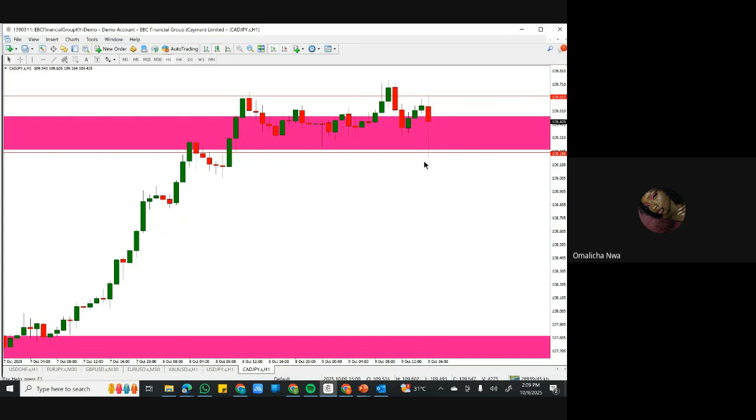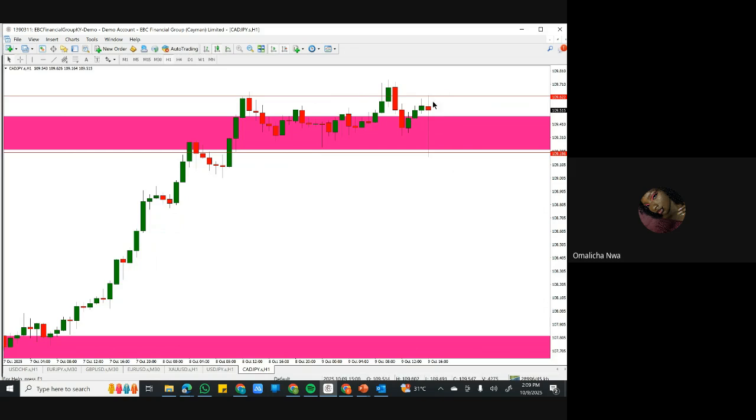As it just touched here and started going back up, anybody that opened the buy here is currently in profit after this sell just happened. So now I would want to buy at a support region, especially if it does not break below the support. Until it breaks below that support and continues downward, that's when I would be looking out for a sell.